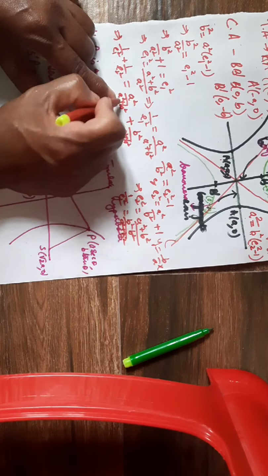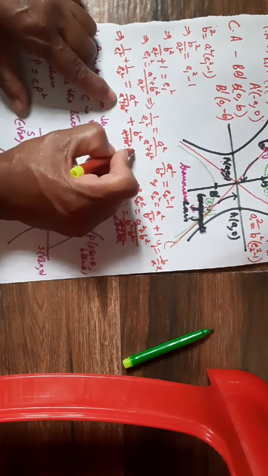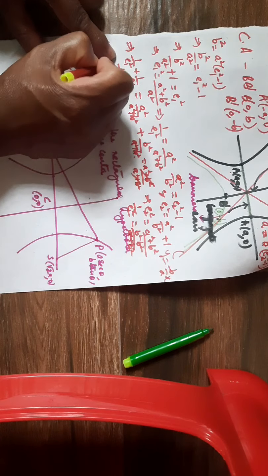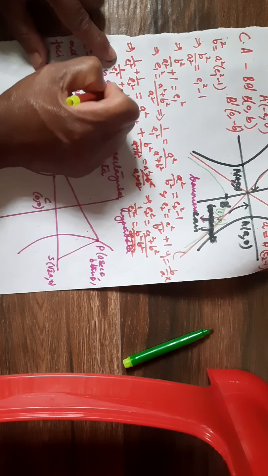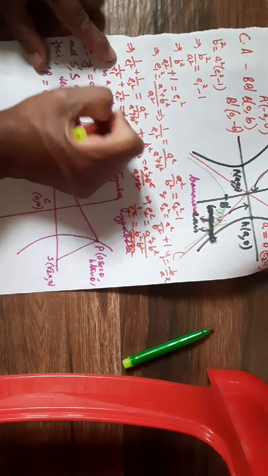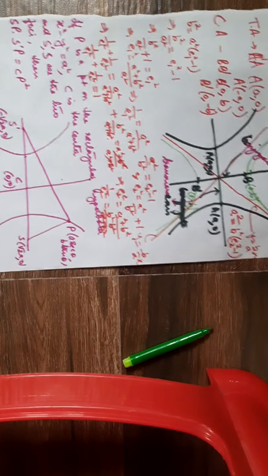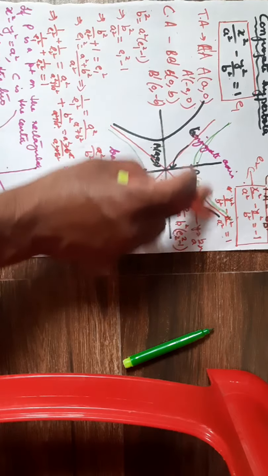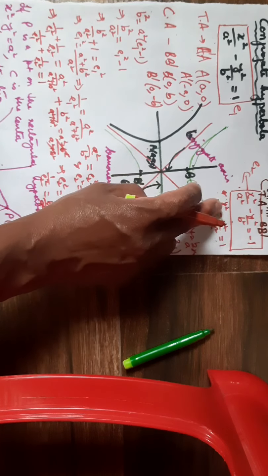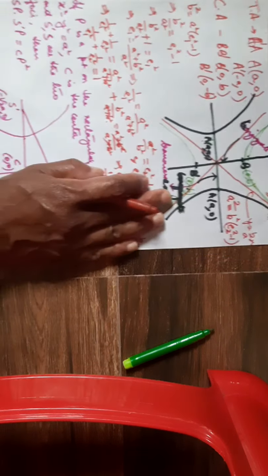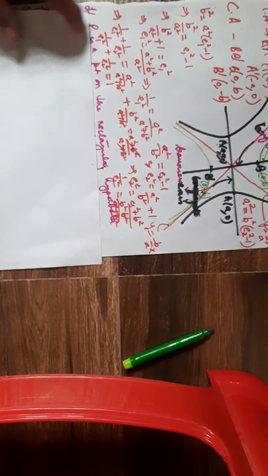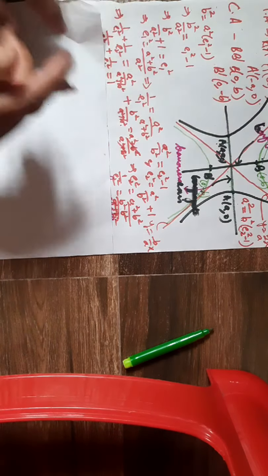The denominator is the same, so it becomes a square plus b square by a square plus b square, and this cancels. So finally we have 1 by e1 square plus 1 by e2 square is equal to 1. This is the relation between the eccentricity e1 of the given hyperbola and e2, the eccentricity of its conjugate hyperbola. Now let us find what will be the asymptotes to the rectangular hyperbola.